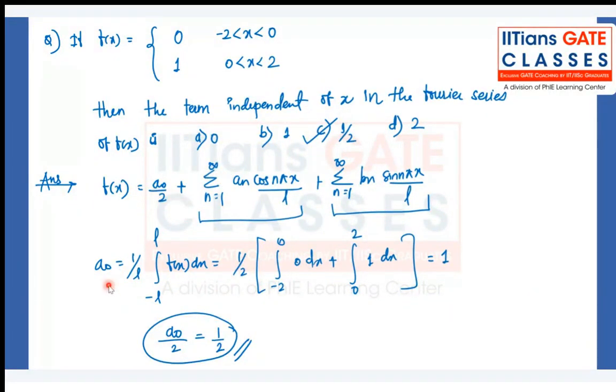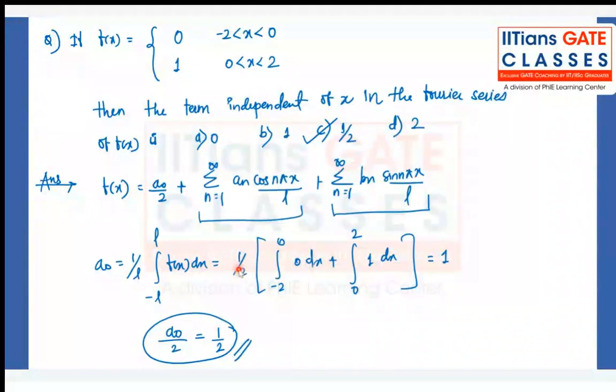So you have to calculate a naught in this case, which will be 1 upon L integration minus L to L f of x dx. And you know your f of x is not the same from minus L to L. So you are breaking the integral into minus 2 to 0 and 0 to 2. From minus 2 to 0, the function is 0, so 0 into dx, plus from 0 to 2, the value of the function is 1, so 1 dx.